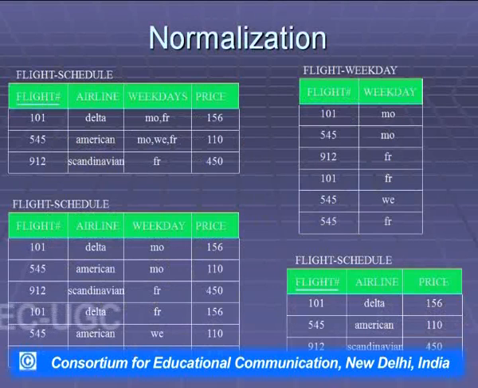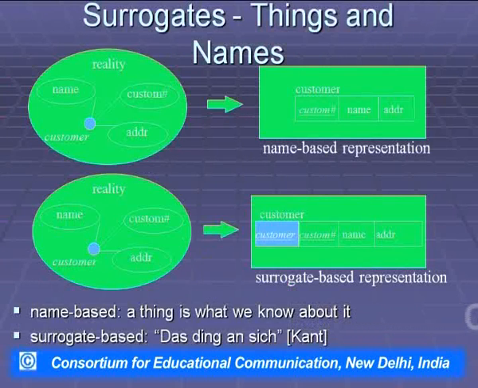Another important thing is normalization. We do have a different schedule. Just see the flight schedule, flight weekdays, and the flight schedule in detail. You can see these tables can be normalized. Surrogates and names. Here we can see the reality: a customer whose name, address and details are going to be there, which can be defined as a customer name and address, a name-based representation.